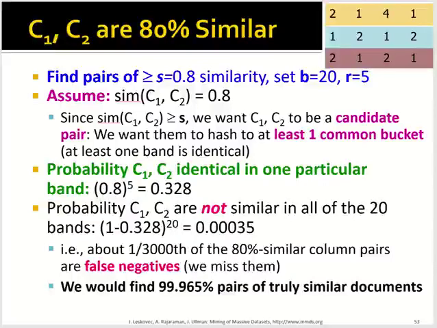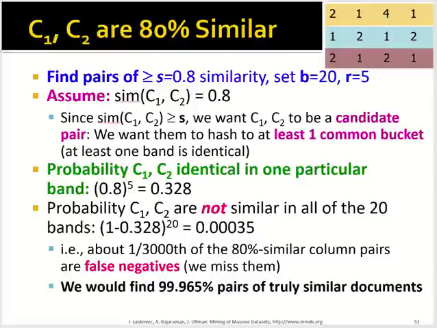0.328. The probability that C1 and C2 are not similar in all the 20 bands, another set of independent events, can be calculated as 1 minus 0.328 to the power 20, because this similarity is compared across all the 20 bands. The result is 0.00035.